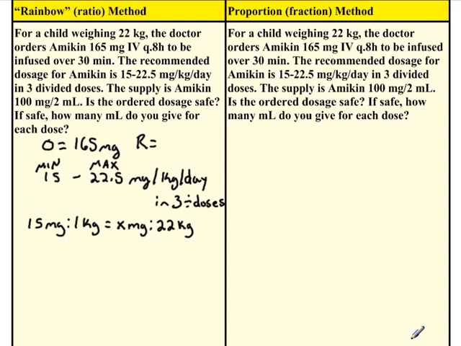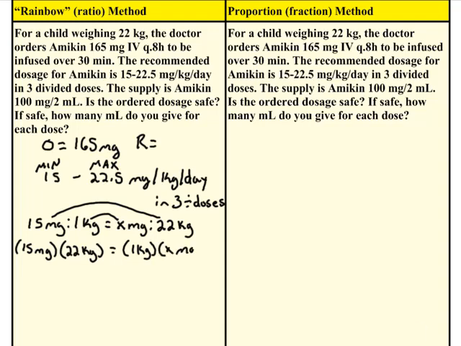We can solve for this by multiplying our means and our extremes. If we multiply 15 milligrams times 22 kilograms and set that equal to 1 kilogram times an unknown number of milligrams, we're going to divide by 1 kilogram on both sides in order to get our x by itself.